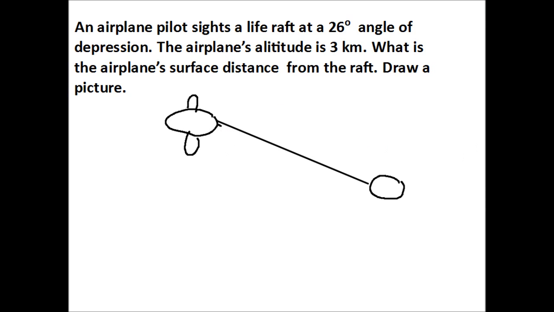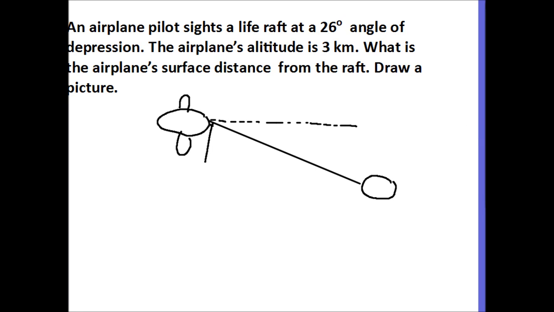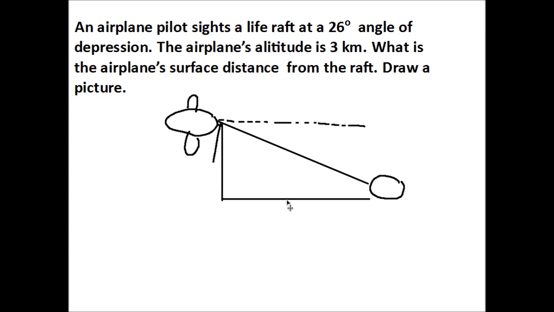Alright, let's draw the rest of our right triangle. Remember, we have to dot out, since this is angle of depression, that horizontal distance. I can drop down my vertical and draw in that horizontal. Okay, let me fix this up a little bit.